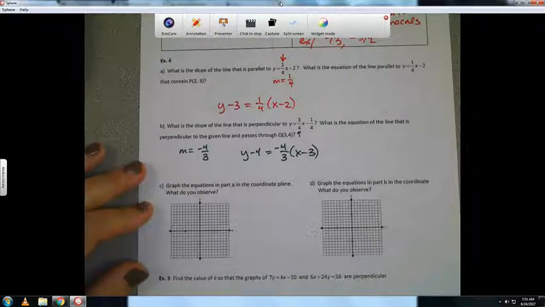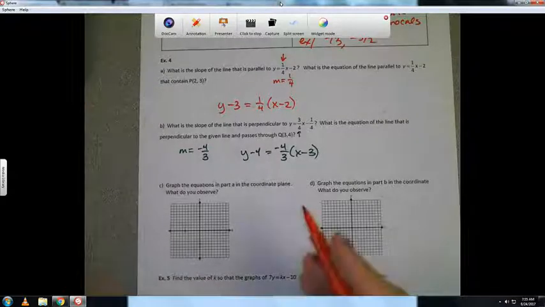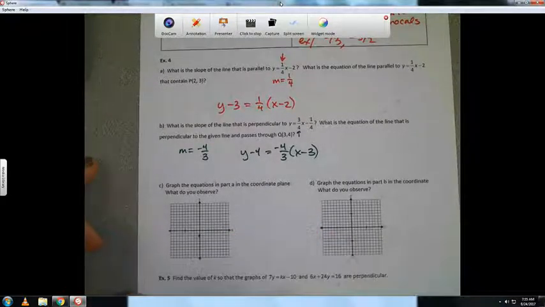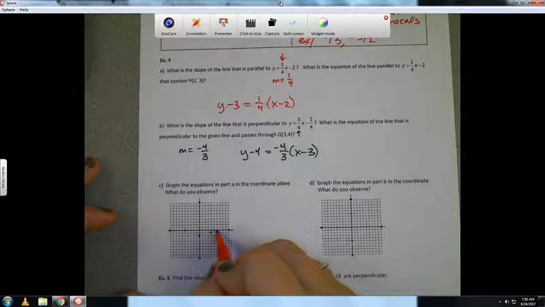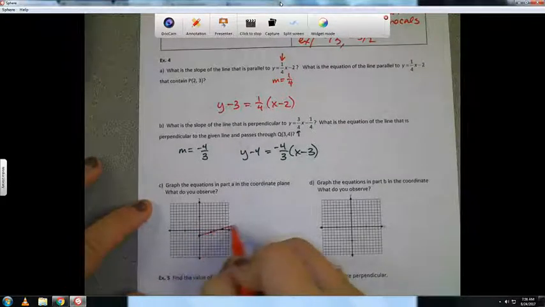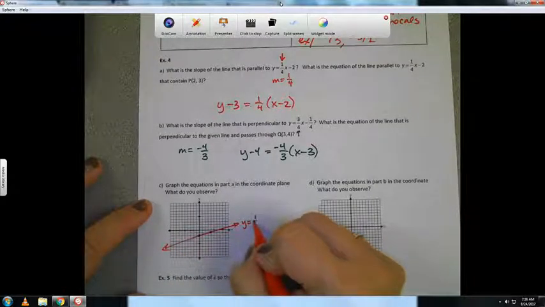Okay, so equation A, how do I graph this? Well, I'm going to do the first one in red. And remember, when you graph lines in slope-intercept form, you plot the y-intercept and then use the slope to find the other points. Up 1, over 4. So this is y equals 1/4 x minus 2.